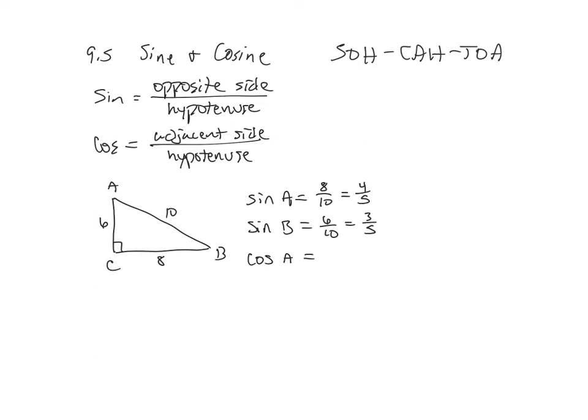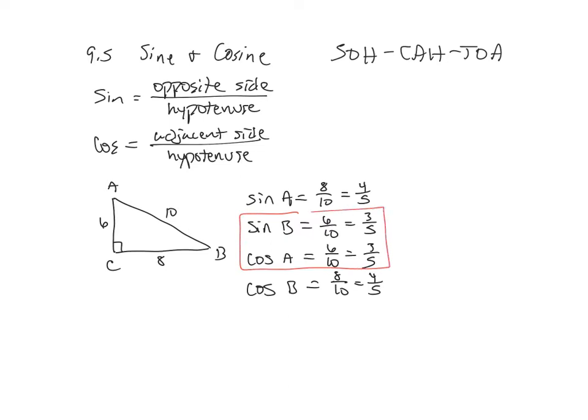So the adjacent side is 6 over 10, and we got the same 3/5. I'm going to come back to that in a second. Cosine of B, adjacent, 8. Hypotenuse, 10.